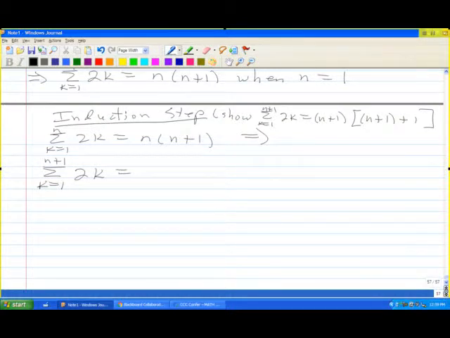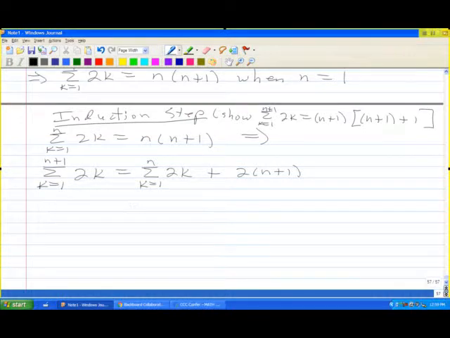And then simplify to write it in the form that we want. Okay, so this is equal to the sum of the first n terms plus the last term. The last term is found by just replacing k by n plus 1.